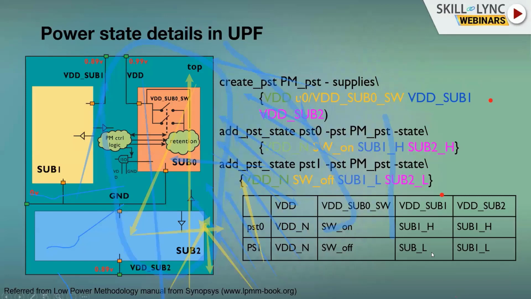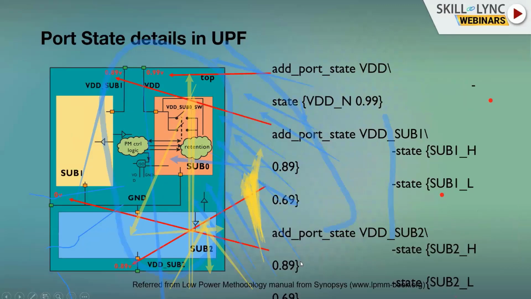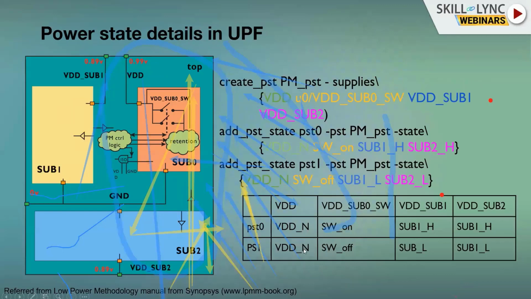And if you see here, how does the tool understand whether we want a level shifter on those paths? One thing it tries to understand is whether you have any paths from sub low to VDD VNN, because this is on a lower voltage. If you see here, the voltage is 0.69 and the other is on 0.99. This actually needs a level shifter.